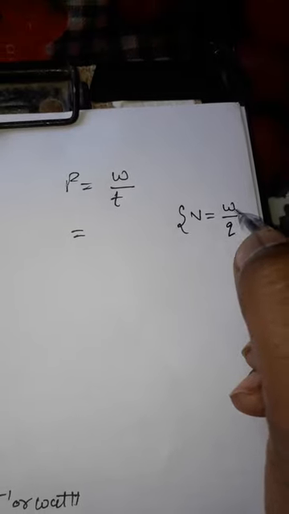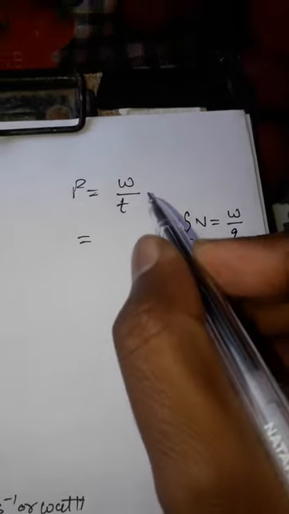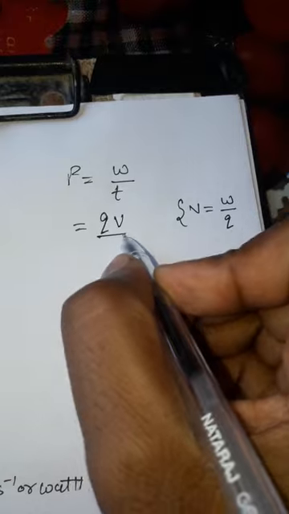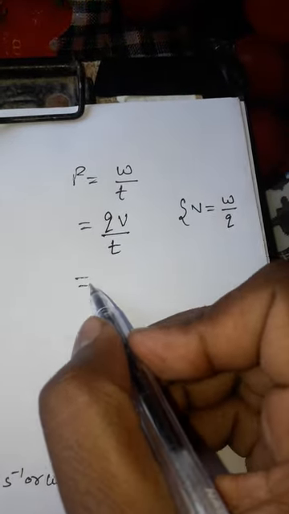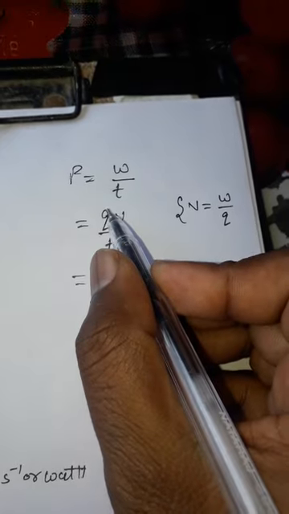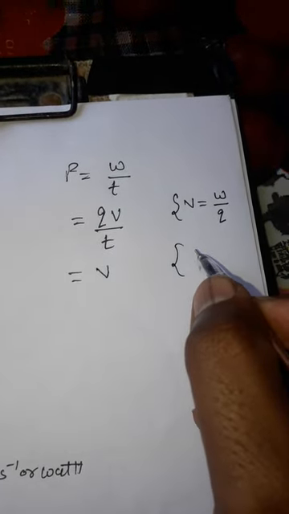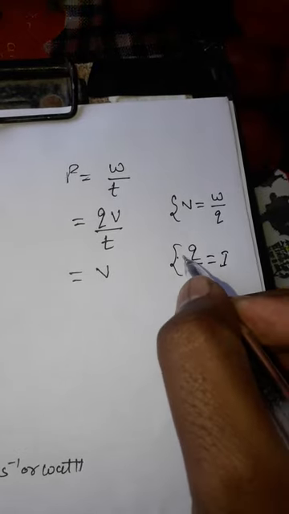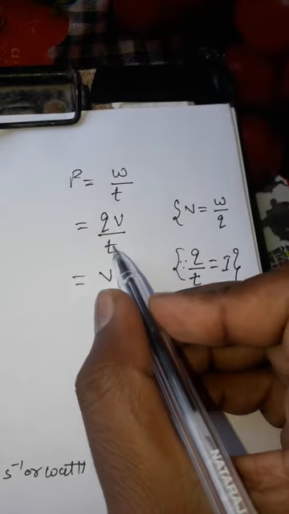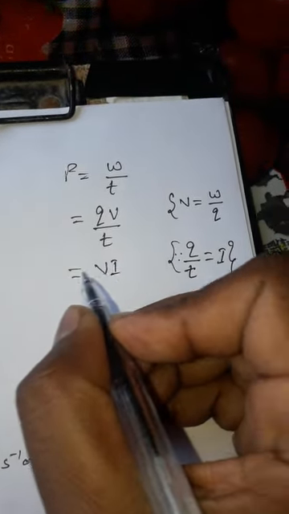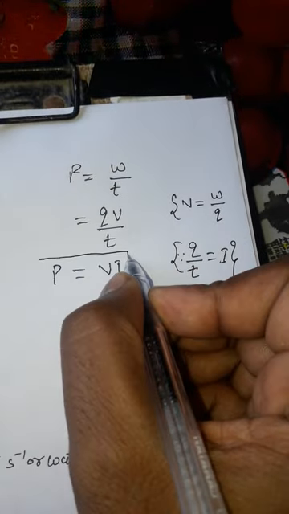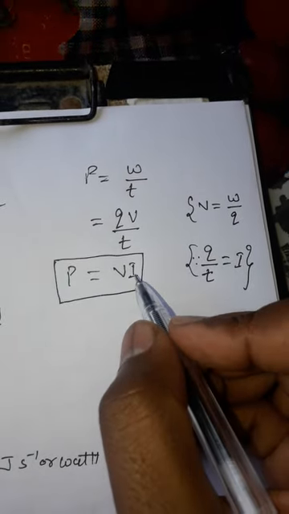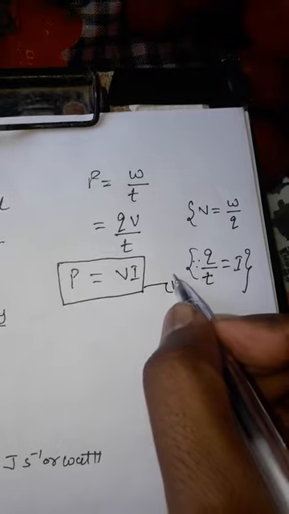So work done is equal to Q into V. Putting this in, we get Q into V divided by T, which is also V into Q by T. We know that the charge flowing per unit time is equal to current, so Q by T is I. So power is equal to the product of voltage and current flowing through the circuit. Say it is equation first.